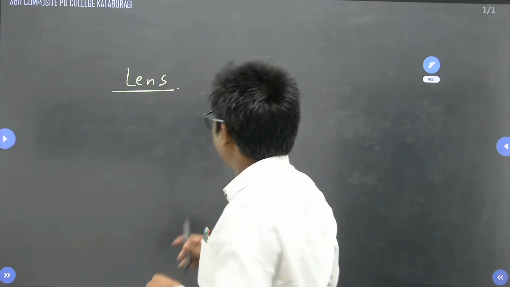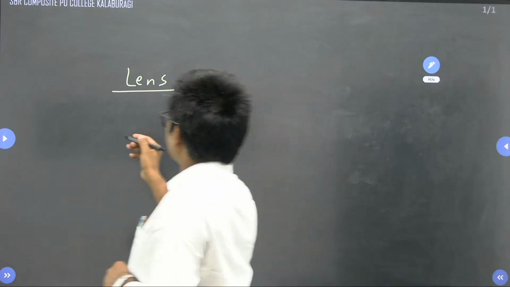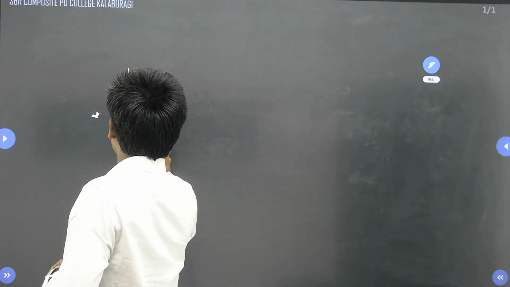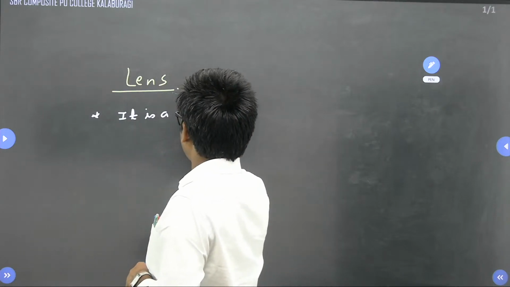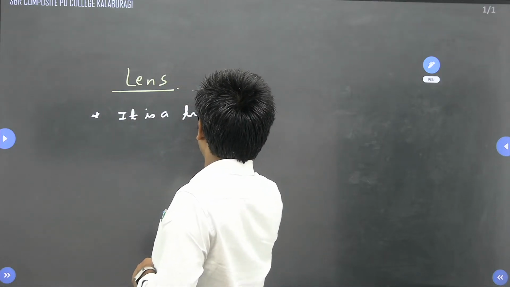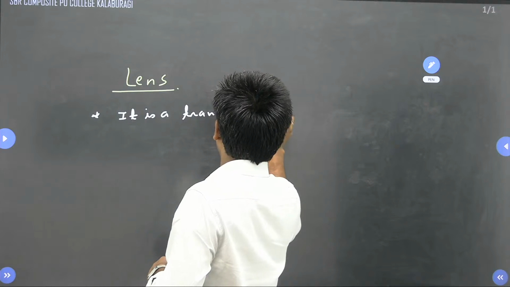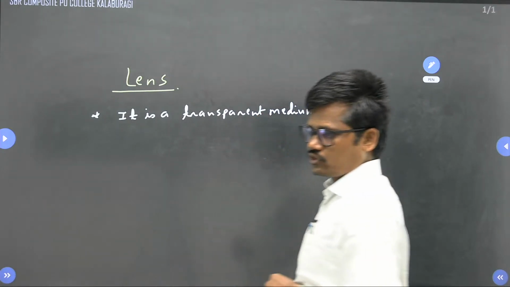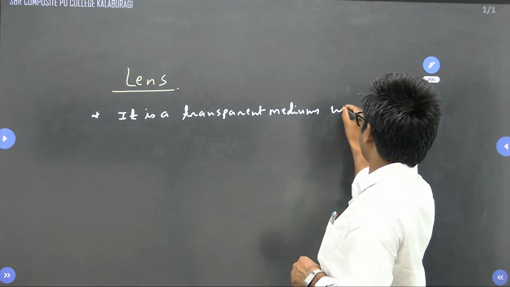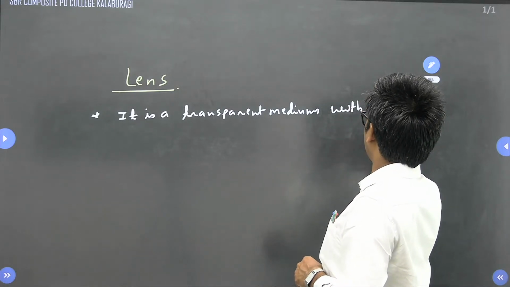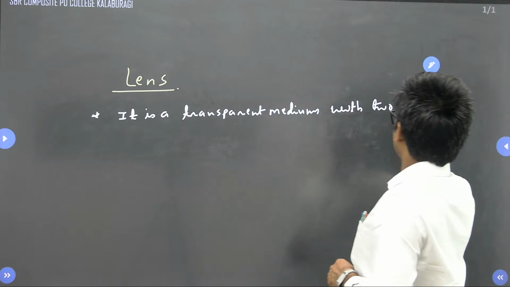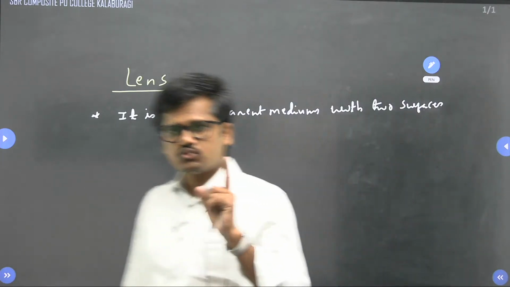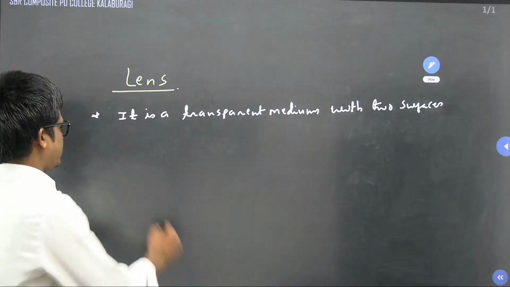Okay, now what is lens? Lens is a transparent medium with two surfaces, at least one of which should be curved.